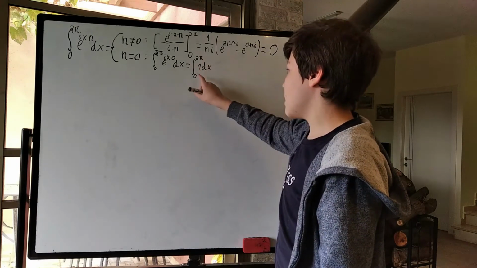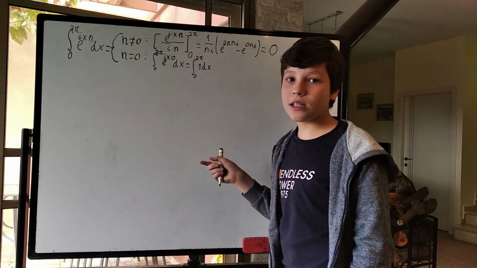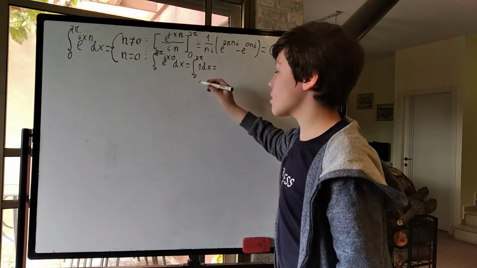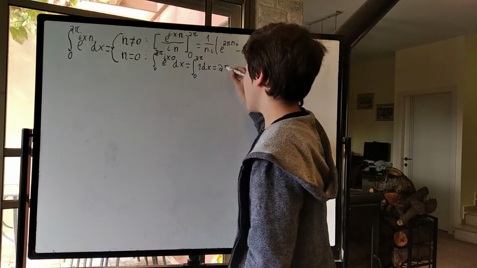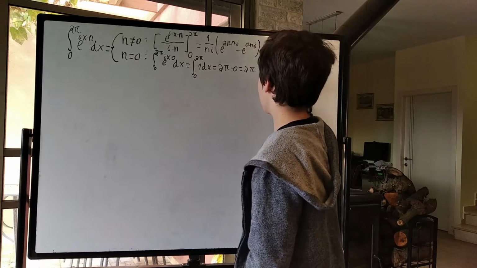The integral from a to b of 1 dx is just going to be the difference between the upper bound and the lower bound. So it's going to be 2 pi minus 0, which is 2 pi.